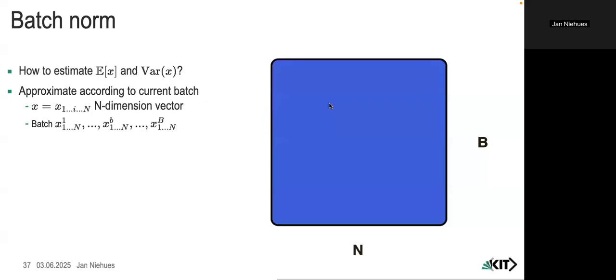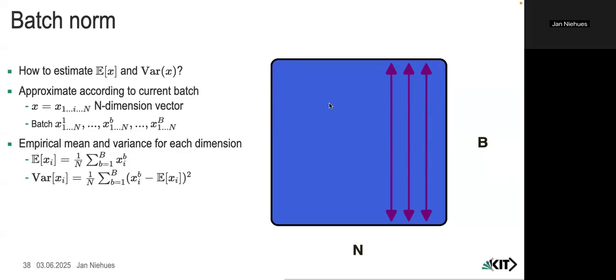So how to understand that? Typically X is our n-dimensional vector, our hidden state at one layer. Now we calculate in parallel, so we have a batch with size big B. In total we have this type of matrix where each row is one hidden state and the next row is another hidden state. And then one column is, for example, the last neuron in this layer. If we now want to calculate the batch norm expectation, we calculate it over this column.